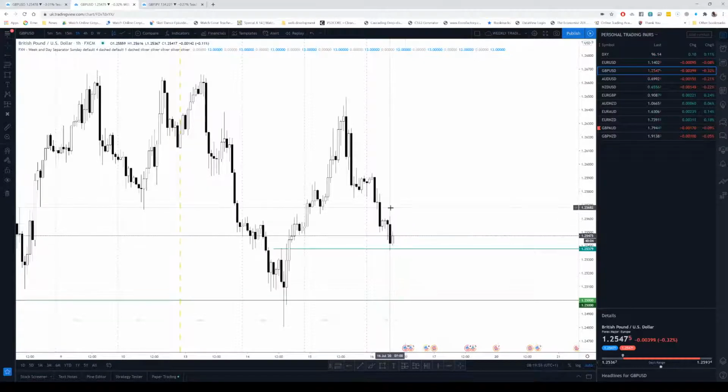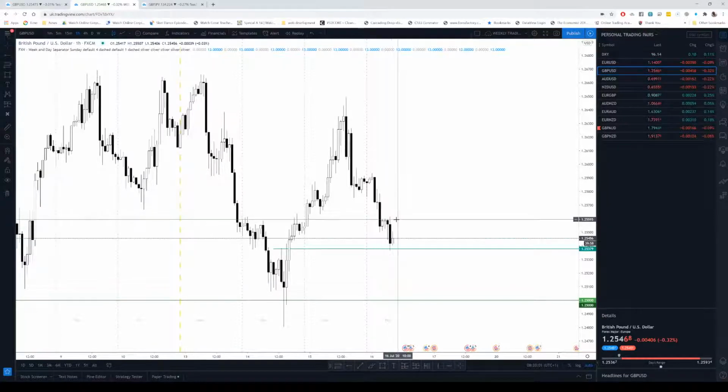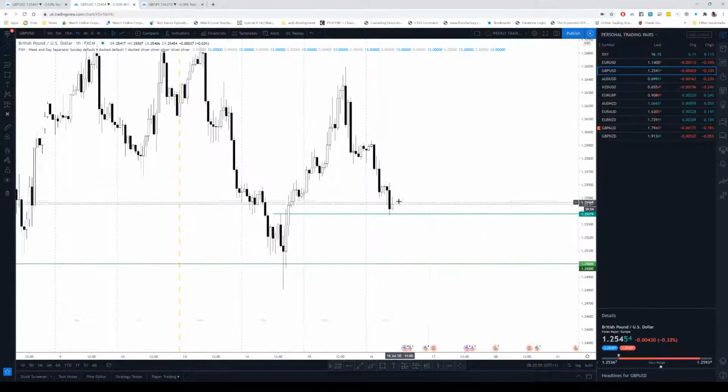Ideally, I want an engulfing down candle. So I want this candle to go all the way up and close above it before I'm confident taking this trade. If not, then I'm not touching it, because there's potential that it can go through it. I'm not saying it's going to go through it, but I personally prefer a swing low to form first, and then I'll take the trade.